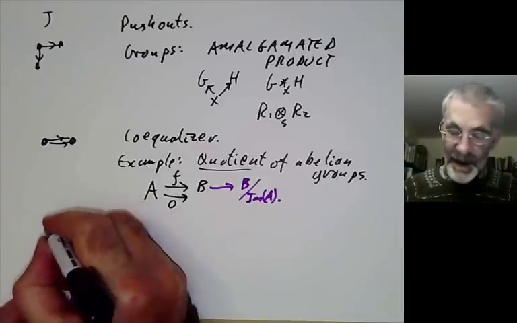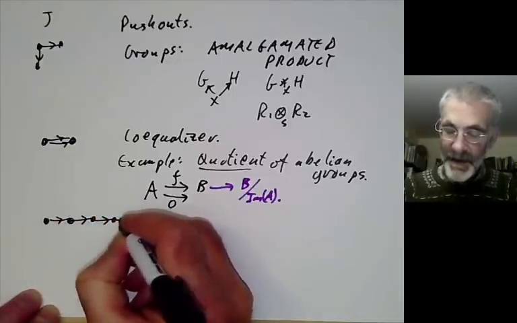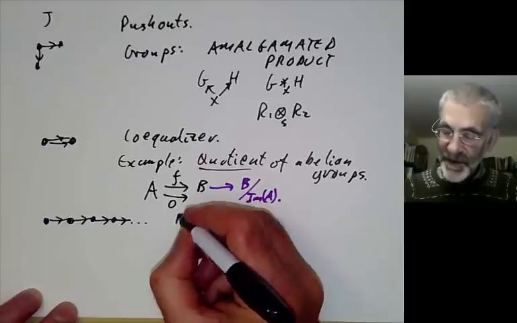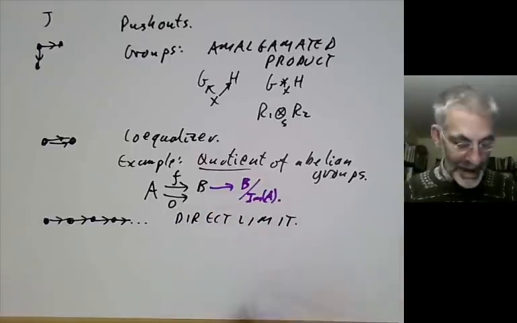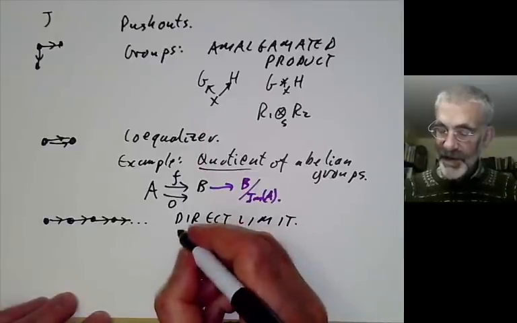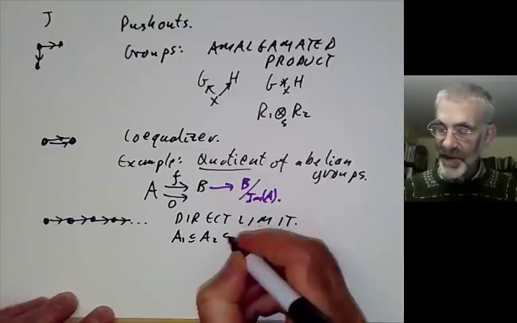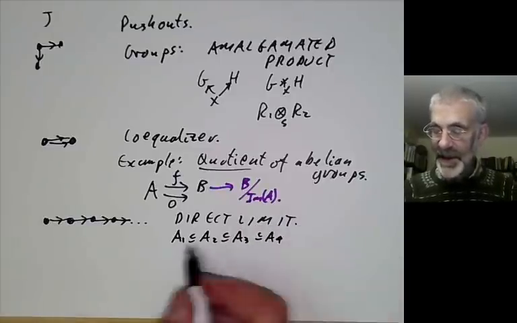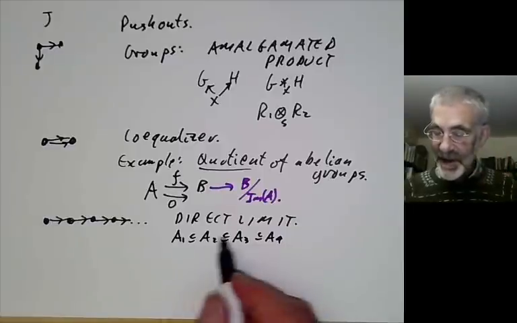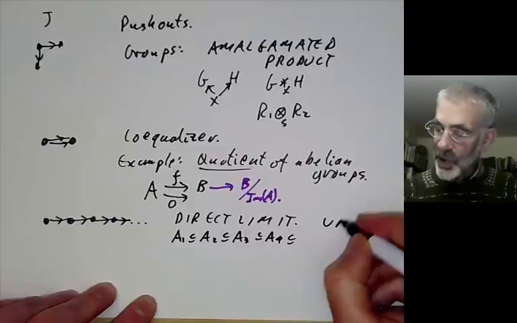And if we take an infinite set of things like this, the corresponding colimit is sometimes called a direct limit. And a typical example is if you have some objects in, say, the category of sets or topological spaces. Suppose you've got an infinite chain of objects, each contained in the next as sub-objects, then the direct limit would be a union.